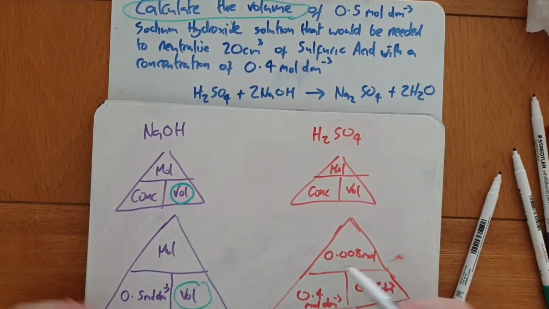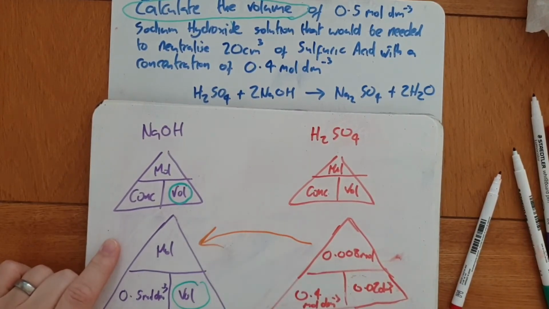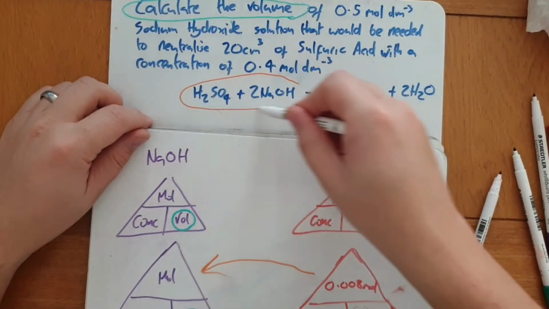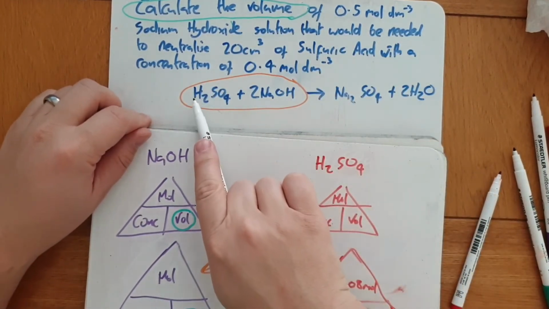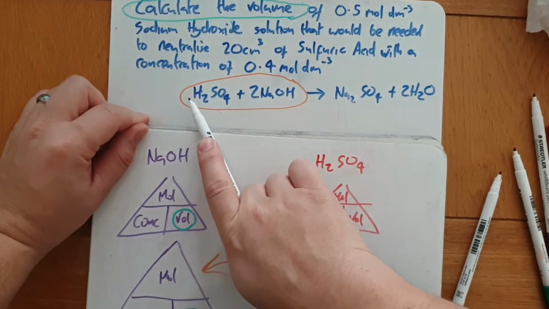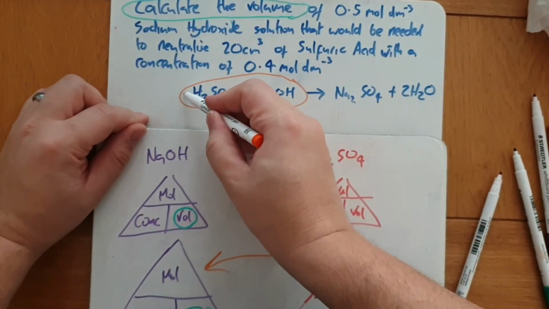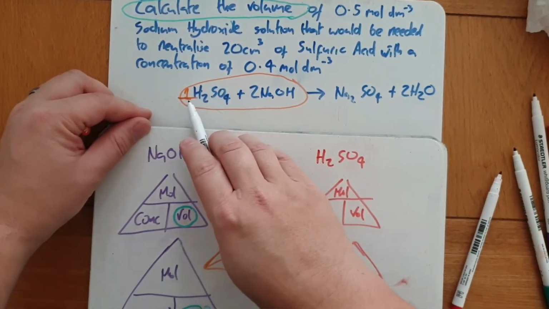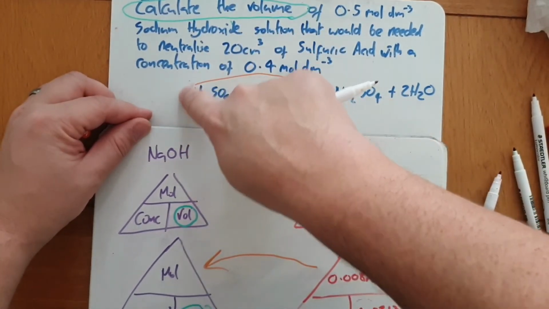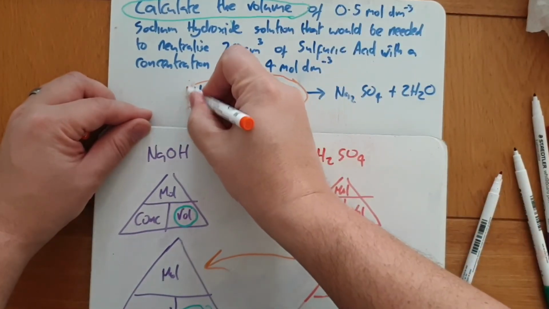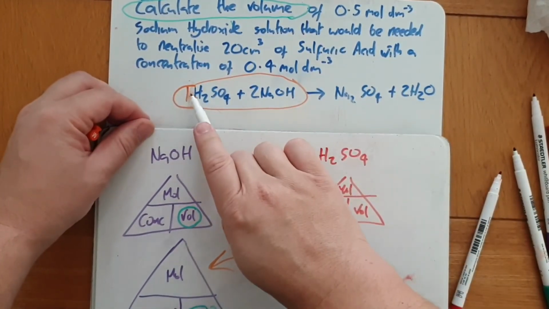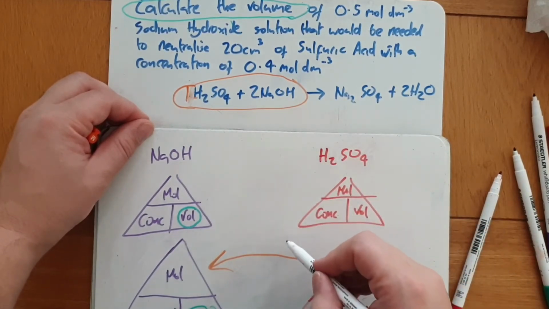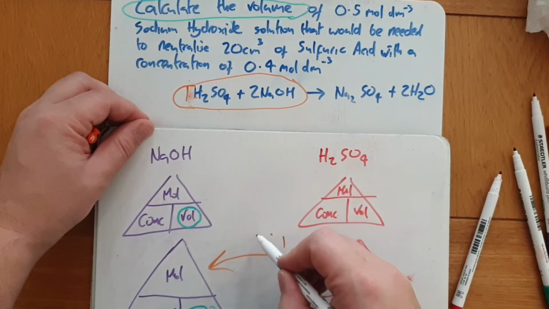And we need to use that to work out that. So that's when we come to our equation up here. So for every 1 mole of H2SO4, because remember, if there's nothing there, we draw it as a 1. So it's 1 H2SO4 to 2.